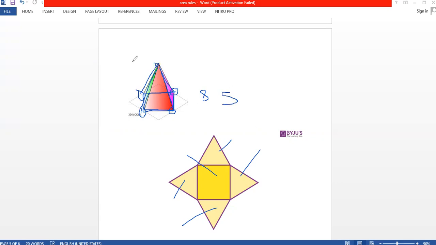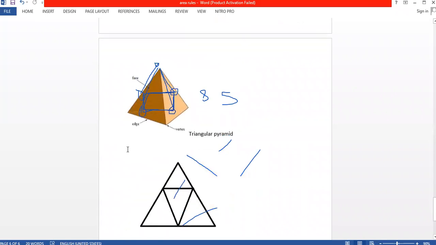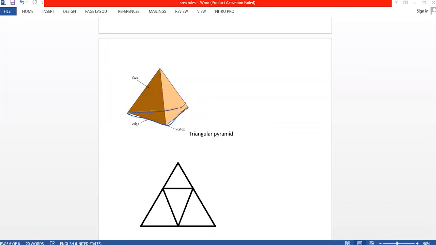Now let's go to the last one, which is the triangular pyramid. The base is a triangle. From its name, we know that the base is a triangle. Here, as you can see, this is the base. The net can help us with the number of faces.